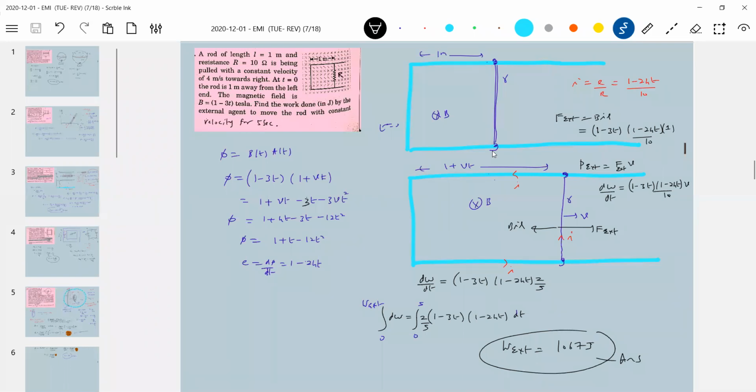I'll change it. I will be clockwise. If I is clockwise, then the BIL force will act towards right, away from the left end. Oh, some problem we have here. Sir, negative flux is decreasing, so anticlockwise.